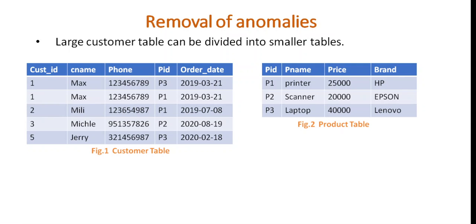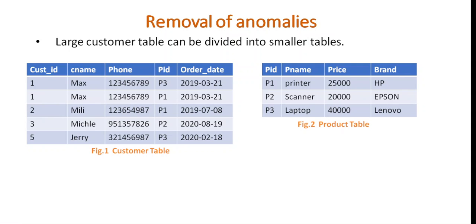Similarly, the insertion problem is also not there, because if you want to insert data for a new product, you can easily insert that data into the product table, even though that product is not ordered by any of the customers. For the customer table, customer ID and product ID combined is the primary key, and in the product table, product ID is the only attribute that can act as a primary key.